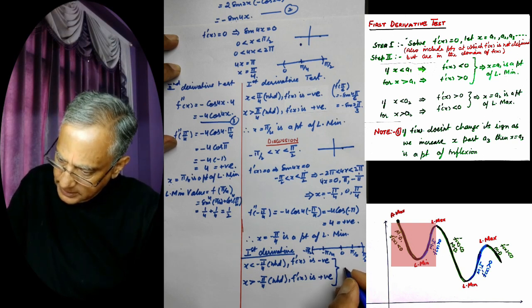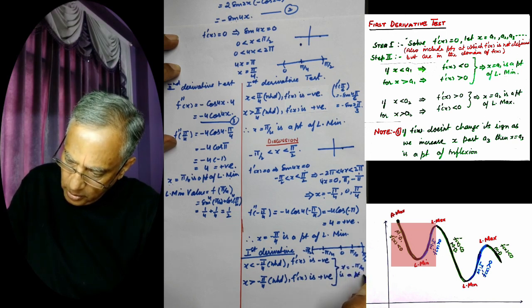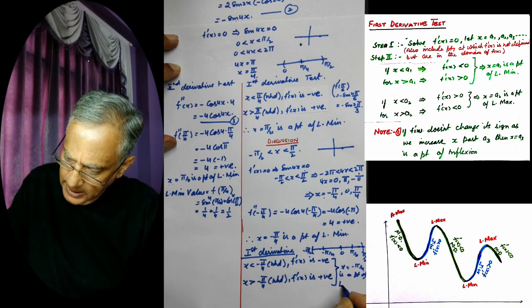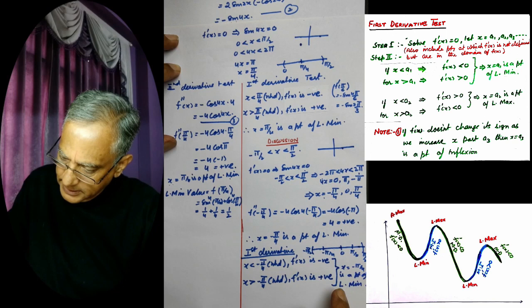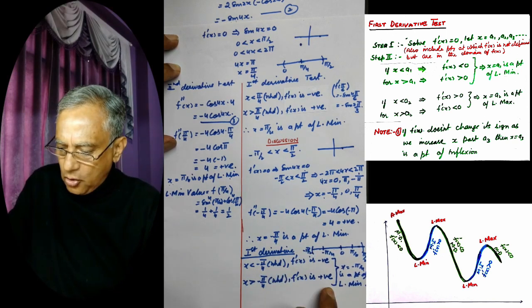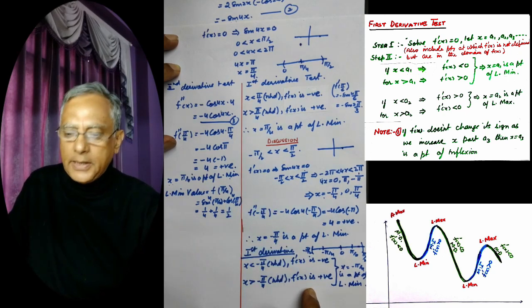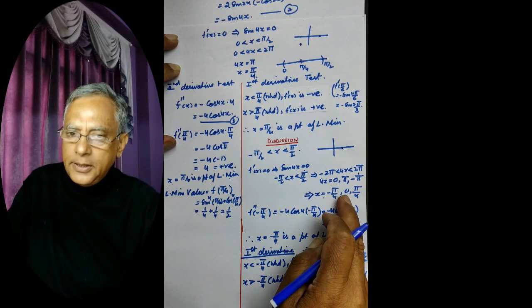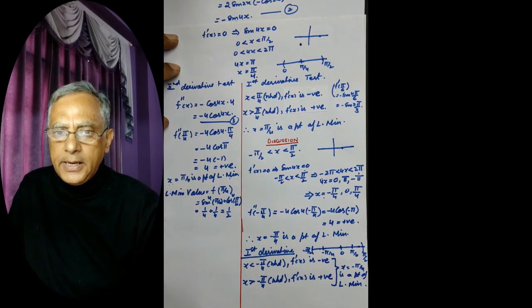Therefore, x equal to minus pi by 4 is a point of local minimum. And this is the same as before. We are drawing the same conclusion from the second derivative as well as the first derivative. For the other points, you can similarly complete the question. You can try it yourself.